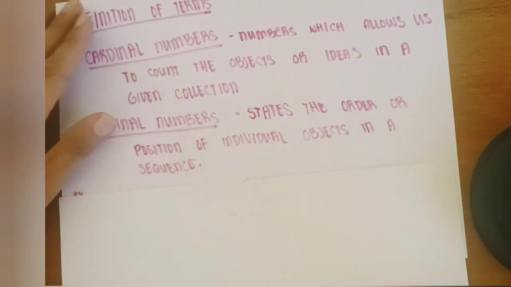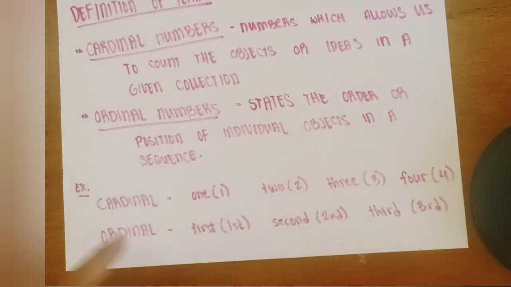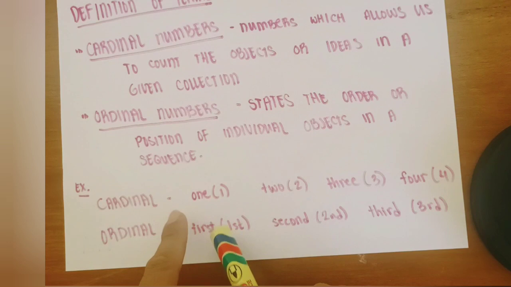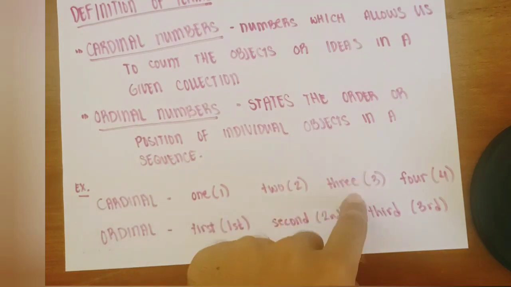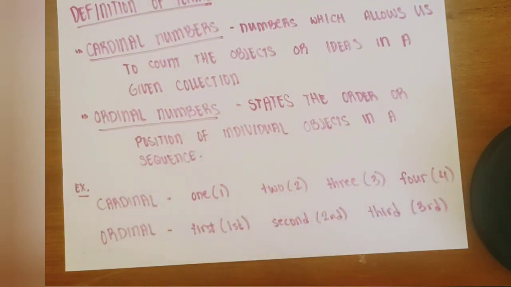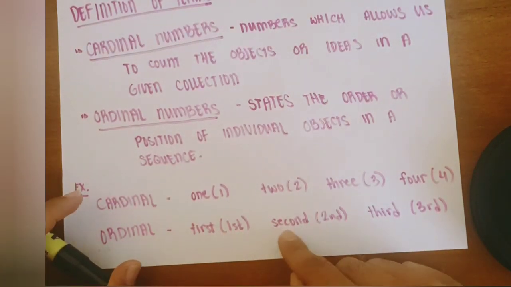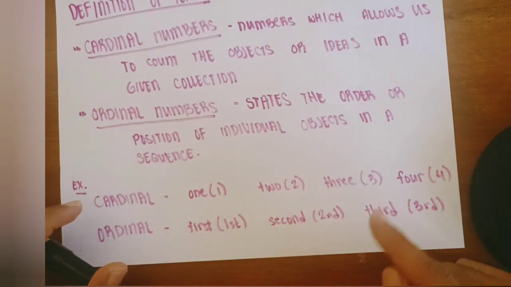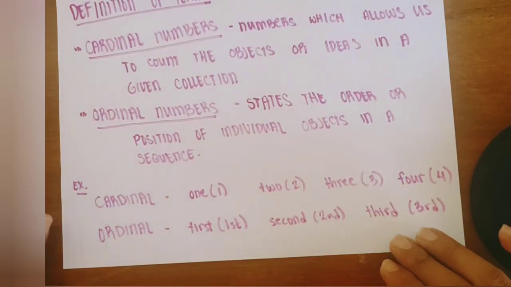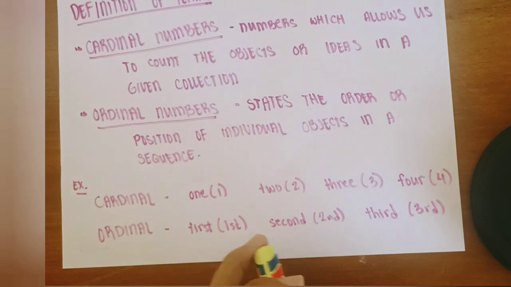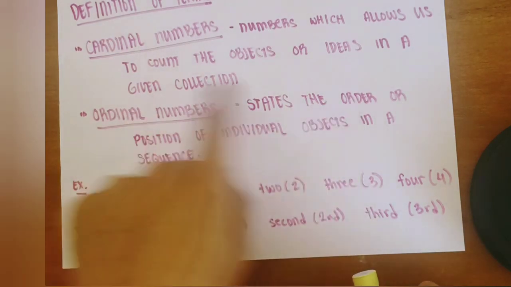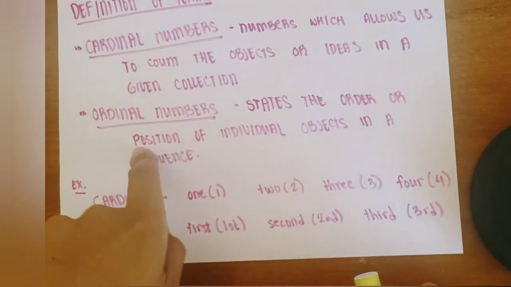So, magbibigyan tayo ng examples. Ang ibig sabihin ng cardinal number is yung mga numbers katulad ng 1, 2, 3, 4, 5, 6, 7, 8. Ganun ang mga cardinal numbers. Ang ordinal naman, pag sinabi natin first, second, third, fourth, fifth, sixth, and so on, ayun naman ang mga ordinal numbers. So, sinasabi dito kay ordinal na order or position.